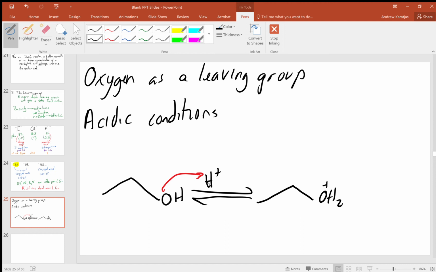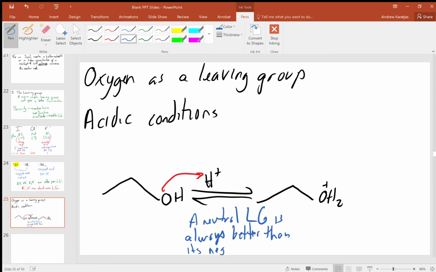Now, just like we said with nucleophiles, that a negative nucleophile is always better than its neutral counterpart, the opposite is true for leaving groups. A neutral leaving group is always better than its negative counterpart.